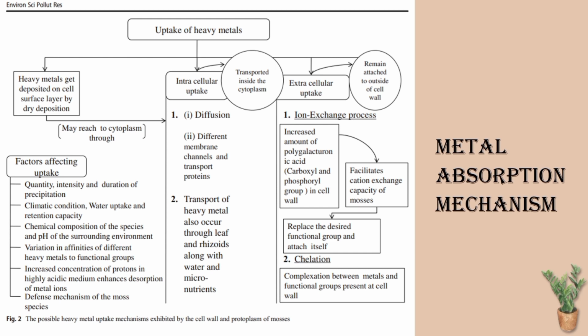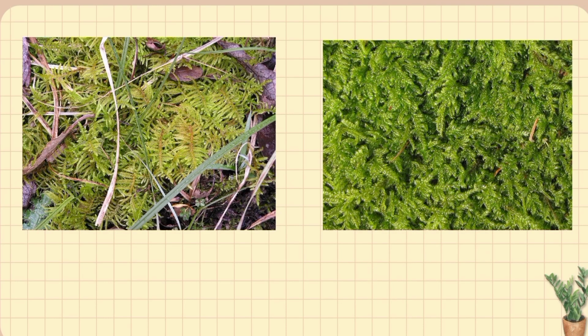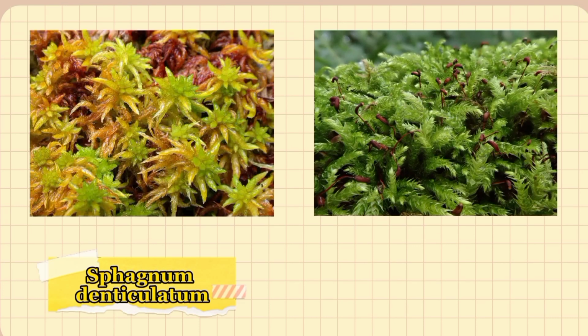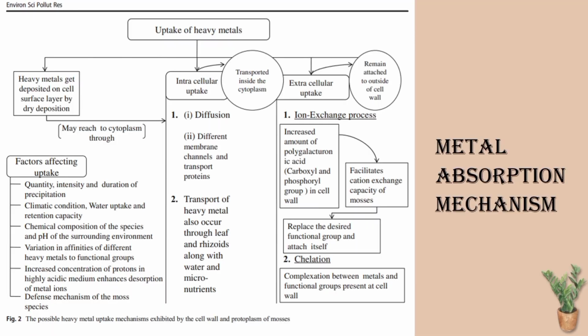Gonzalez et al. 2016 experimentally observed through X-ray absorption spectroscopy that Cu was significantly adsorbed onto cellulose present on the cell membrane surface of the species Pseudoscleropodium purum, Hypnum sp, Sphagnum denticulatum, and Brachythecium rutabulum. Cellular localization of Cd, Cu, Pb, and zinc performed by X-ray TEM microanalysis showed metal peaks in the cytoplasm, vesicles, and within the cell wall.